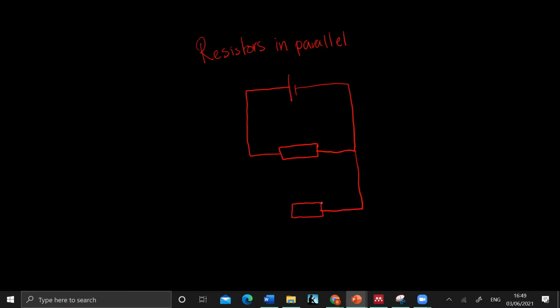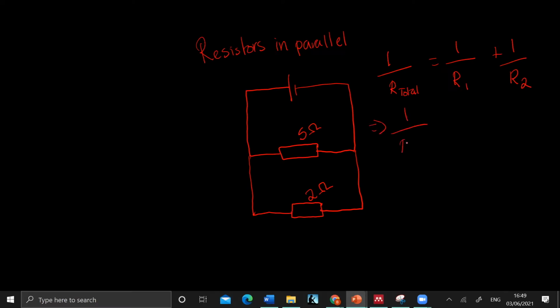Let's look at the spelling of parallel: all the L's in parallel, I would say. So you could have your 5 ohm and your 2 ohm there. This time it's all fractional. So 1 over R total equals 1 over R1 plus 1 over R2. We don't know what our total is yet.